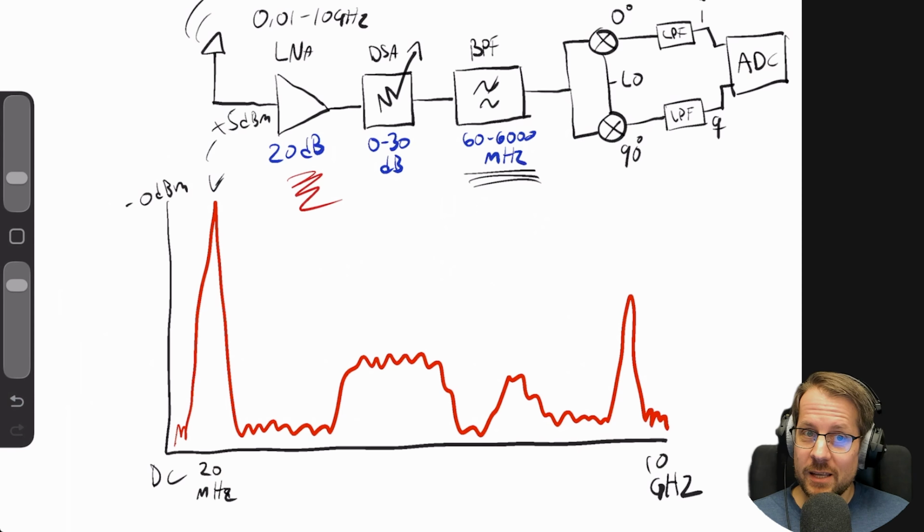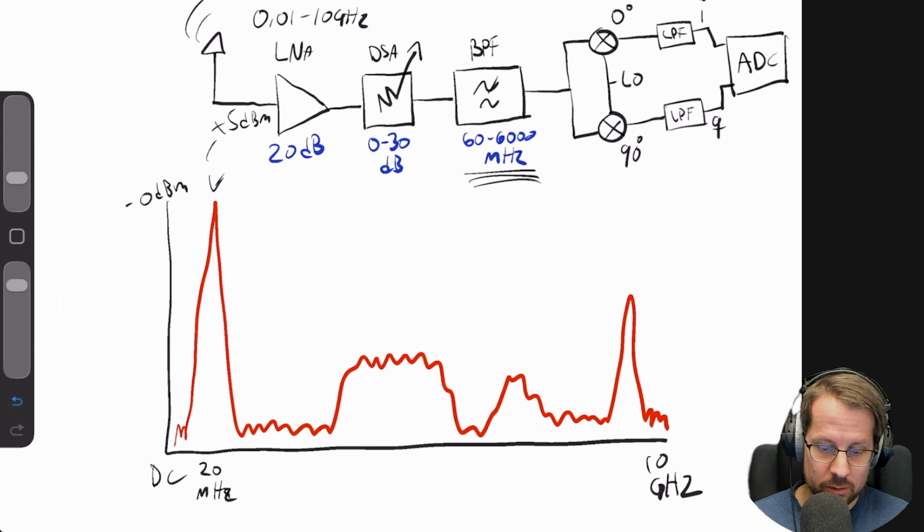But if you had such a strong signal, you would most likely be really close with your antenna to some sort of transmitter. You will most likely see it, right? But if you had to use some measurements either way, what can you do, right?